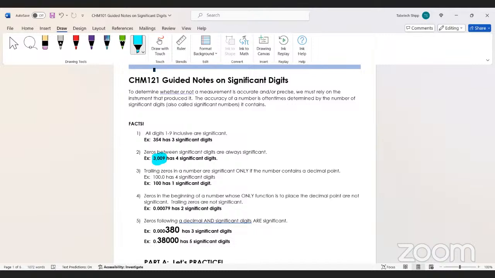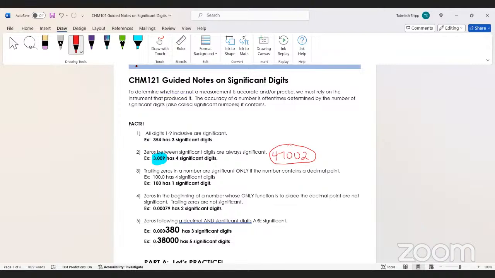So that means 3009 has 4 significant digits. If I gave you a number like, let's say, 47,002, okay? Guess what? All of those numbers would actually count. So in this case, I would have a total of 5 significant digits in the 47,002.